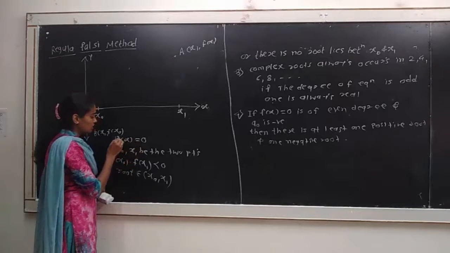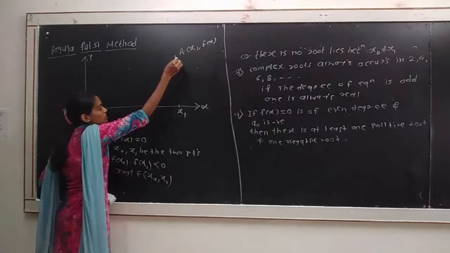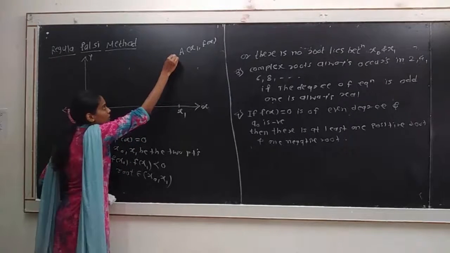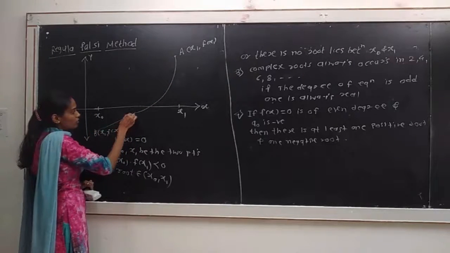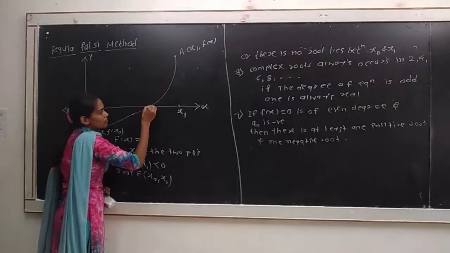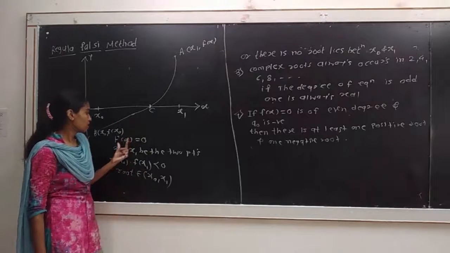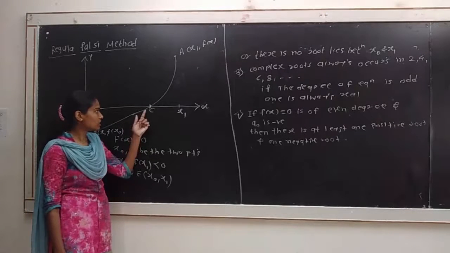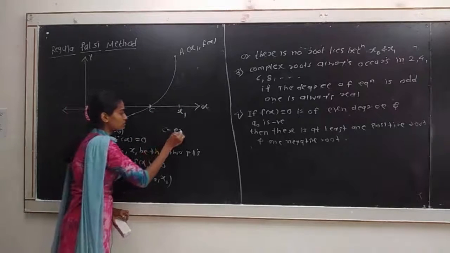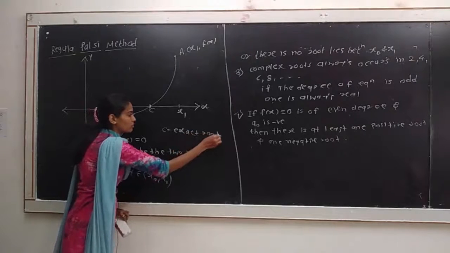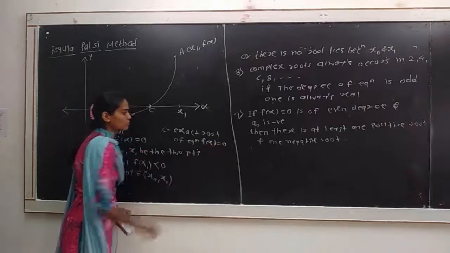If we draw the graph of that equation, the curve will be of this type, and this curve intersects the x-axis at point C. Therefore, C is the exact root of the equation f of x is equal to 0.